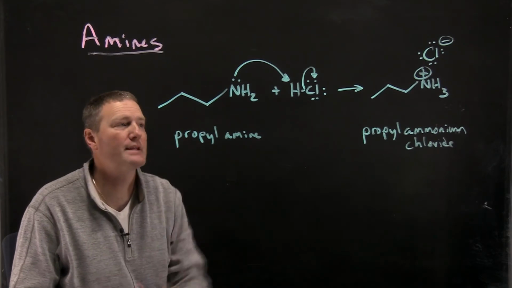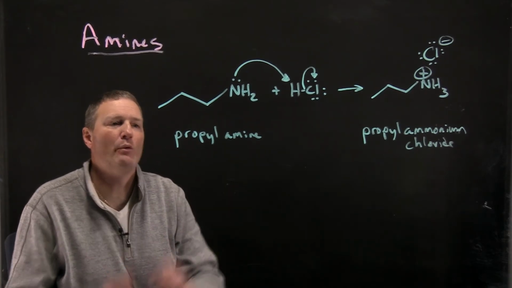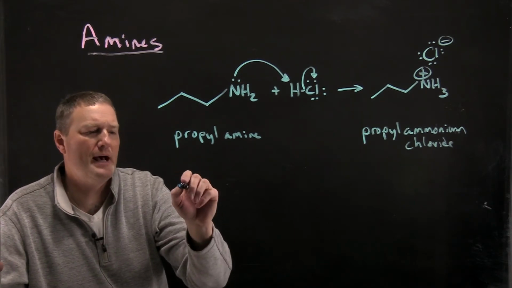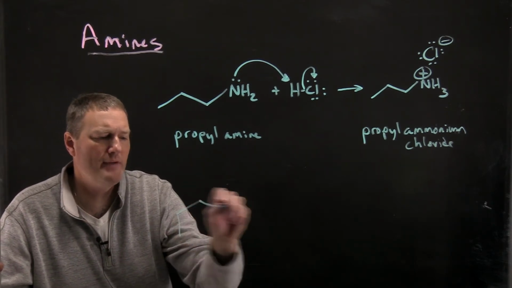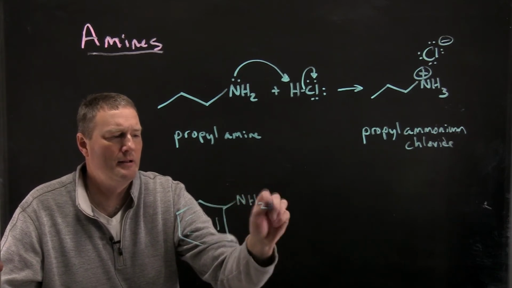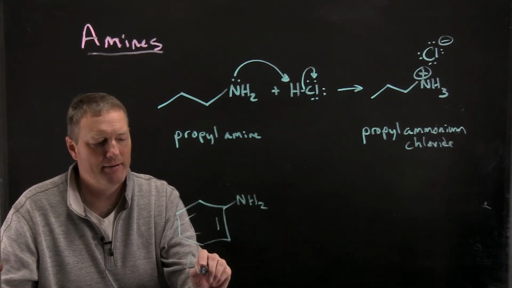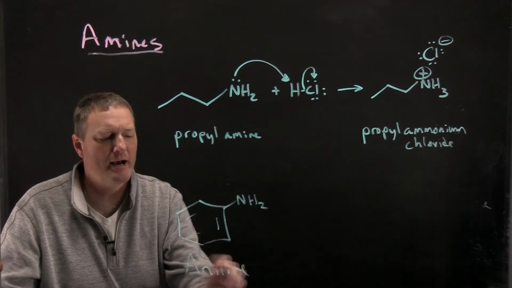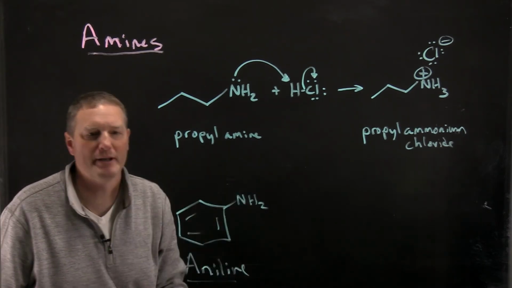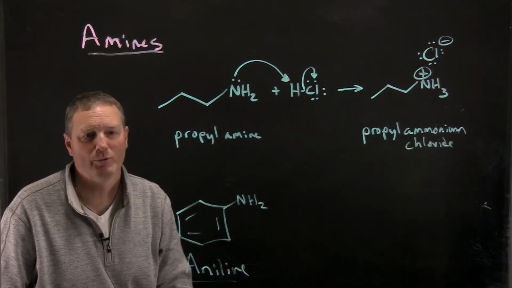Now, one of the things I want to finish up with is when you take an amine which may not be very soluble. For example, this compound is called aniline, by the way. That's probably a compound you'll want to know the name of. It's a benzene ring with an amino substituent. This is not soluble in water.